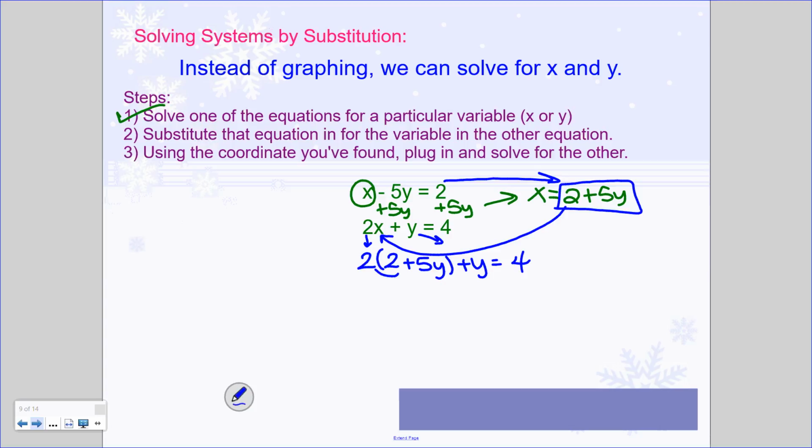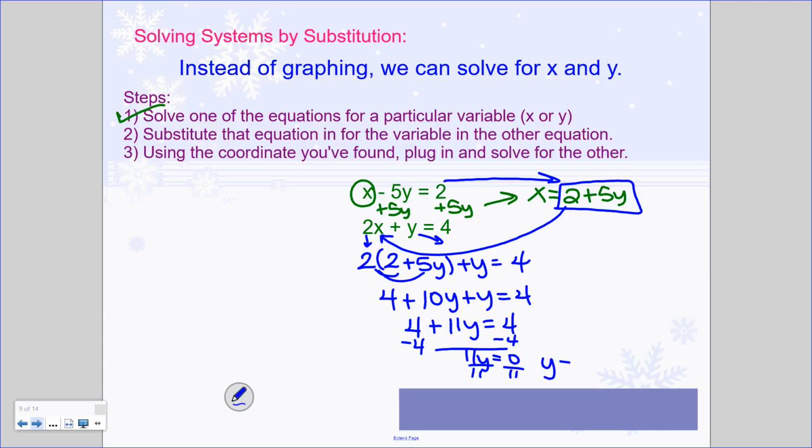To solve for y, I need to distribute. Combine my like terms, so this is 11y. Divide, and 0 divided by 11 is 0. So we get y's value to be 0.